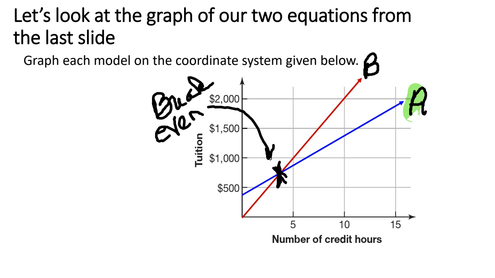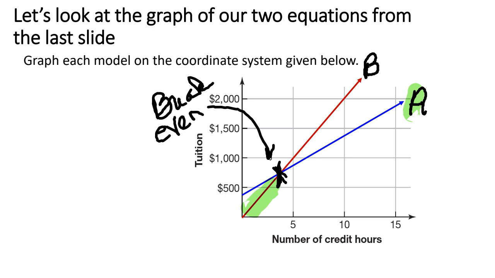That means that college B is cheaper if I take less than 4 units. And I'm saying where the intersection is, it's 4. May not be 4, could be 3, but the intersection. But if I want to go more than that intersection, college A is cheaper.